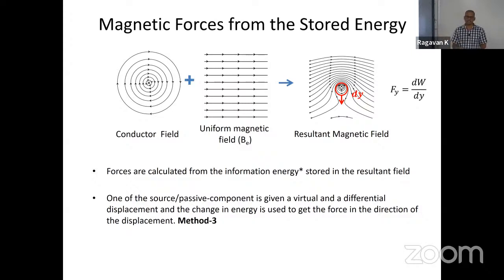Let me take it as an example in a differential movement. So what is the change in energy when that object has moved by that small differential distance? Use that energy and estimate the force. Force is change in energy by the displacement, right? So this is the third method.